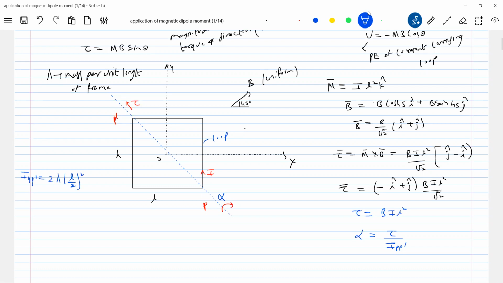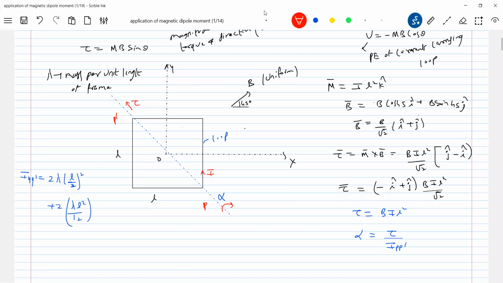What is this 2 lambda? Okay, I'll write it. What is the mass of this rod? Lambda into L. And at what distance is it from the y-axis? L by 2.